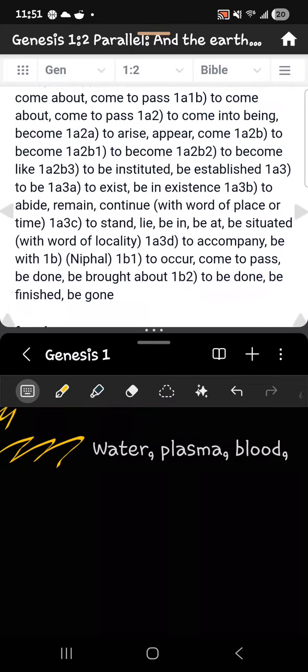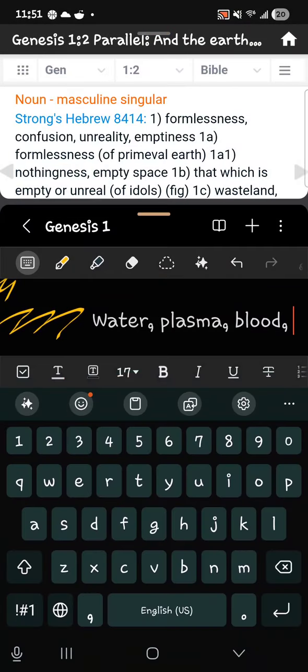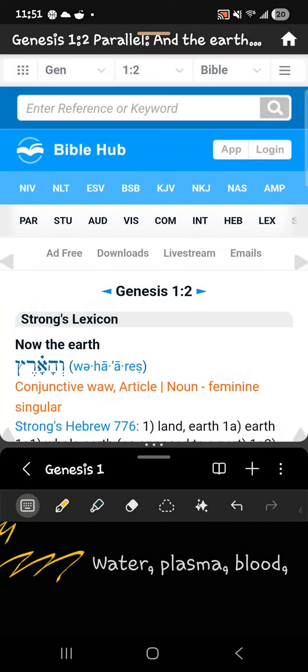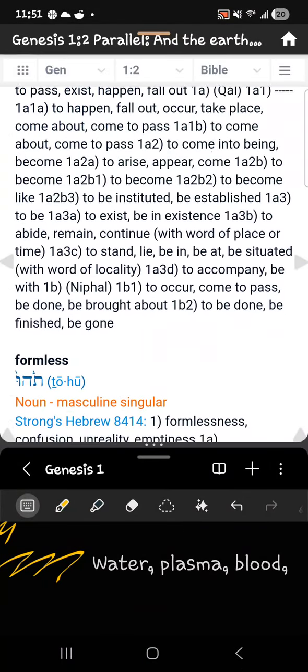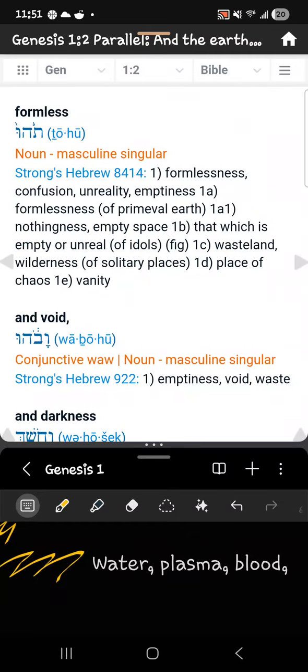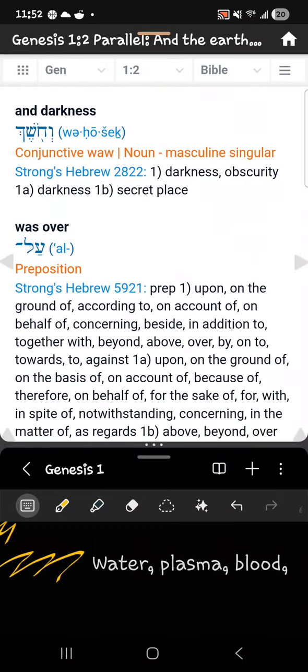Now the earth was formless and void. Hold up. I didn't mean to make it come. Right? Was formless and void. So her egg was not fertilized. And darkness was over.